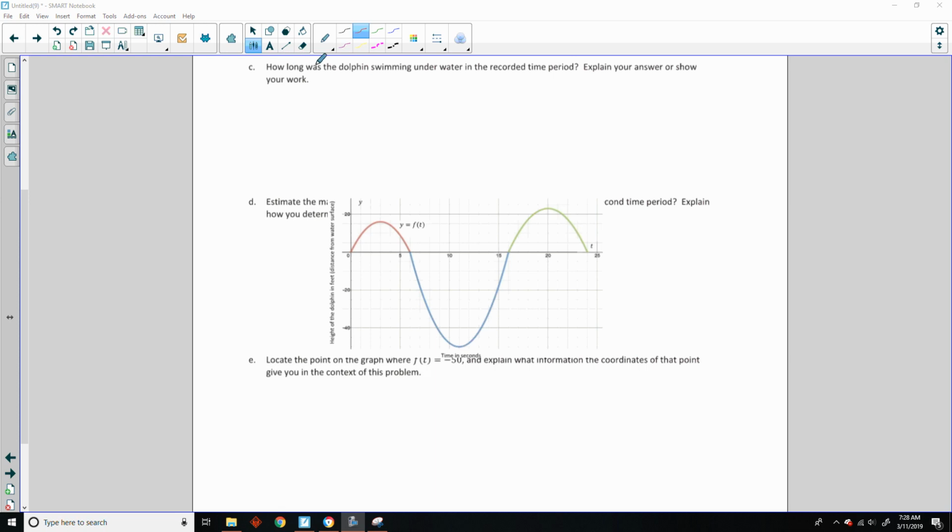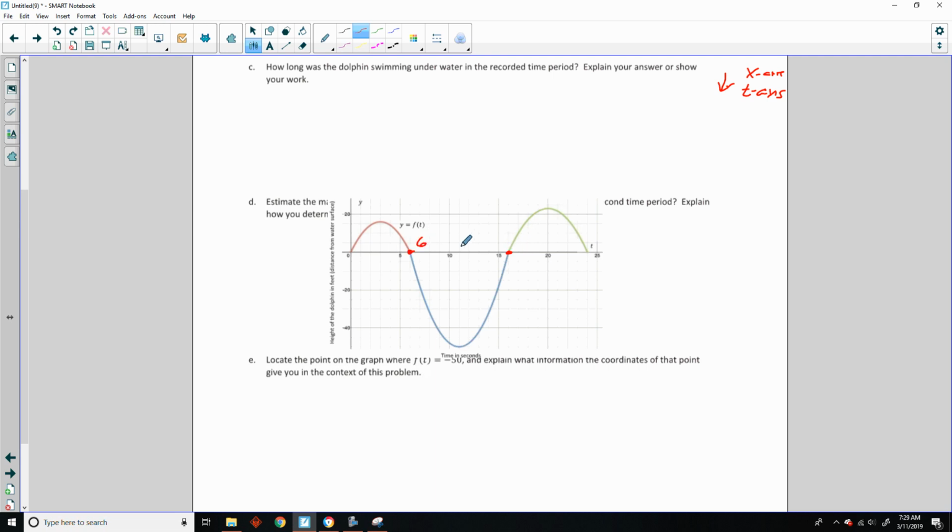Part c says, how long was the dolphin swimming underwater? Underwater means below the x-axis, or in this case, the t-axis. So when was it below? Well, it jumped and it landed in the water here. It was below this whole time here, and then it came back to the surface at this time and jumped.